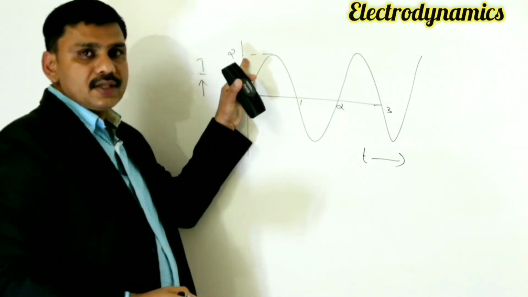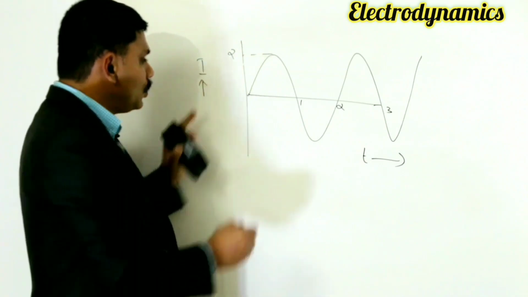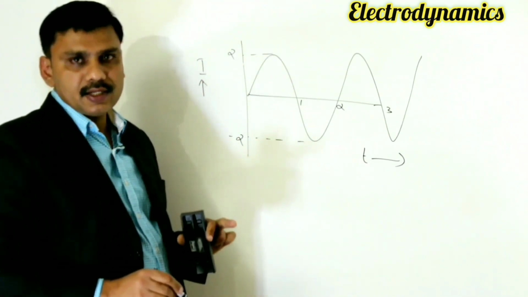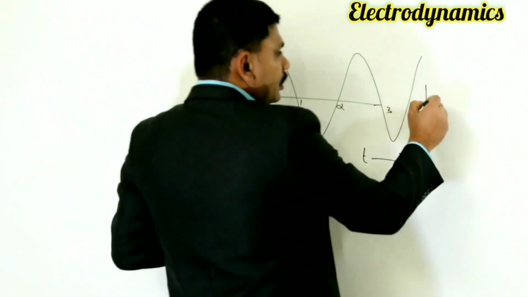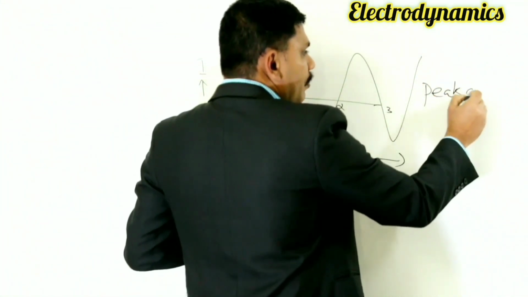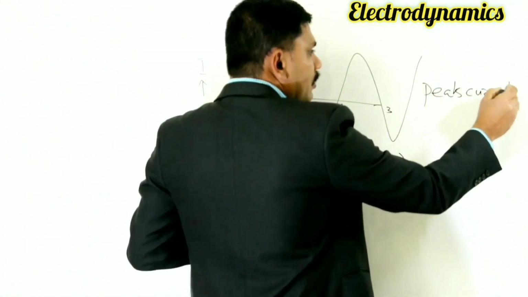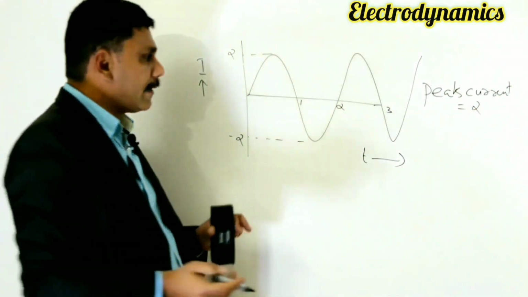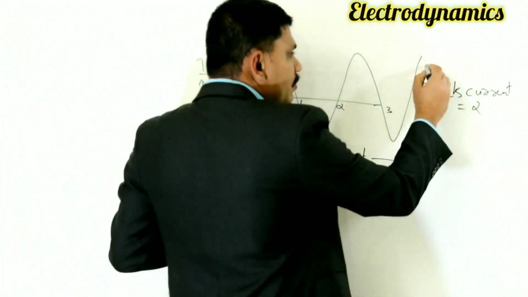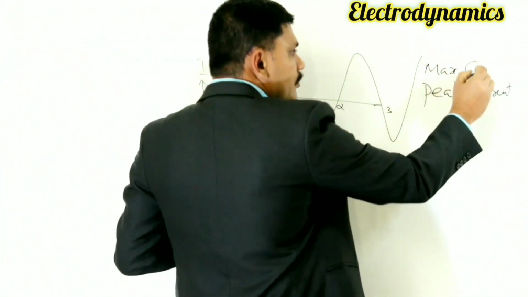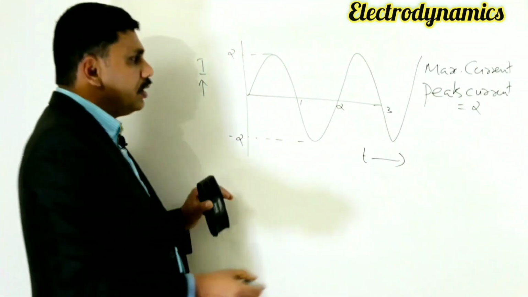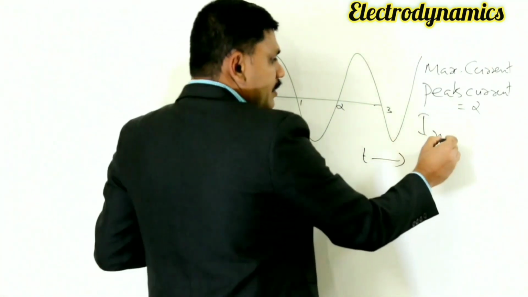Here the maximum current, or the peak current, is 2, and this is minus 2. It can be in ampere or milliampere. Its other name is maximum current. It is represented by Imax.